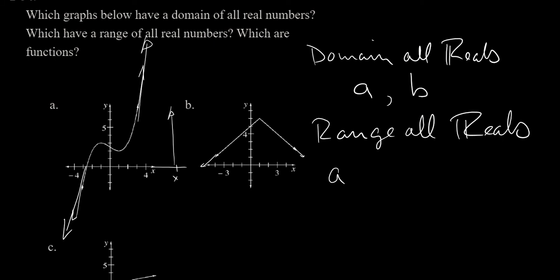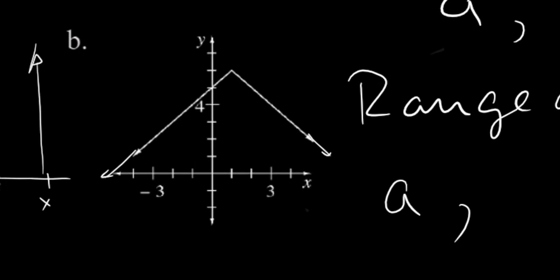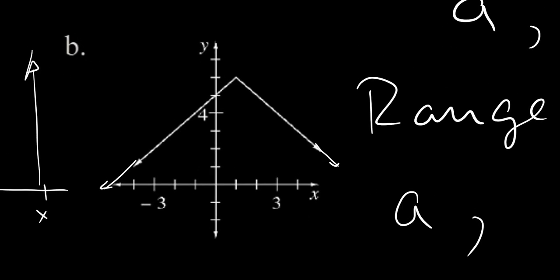So all reals for A. B, not so much. B's range is limited. The largest value I can get appears to be right here, when y is 5. So my largest range value for B is 5, and then it's everything below that because these arrows keep shooting down.